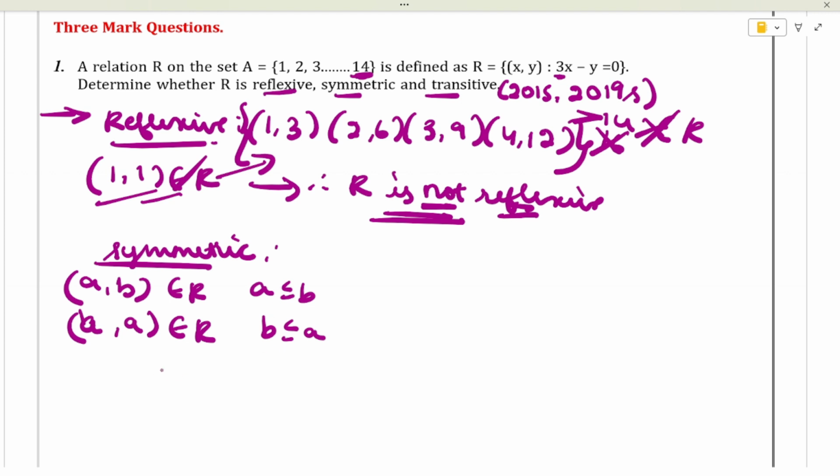So you can say that it is not symmetric.